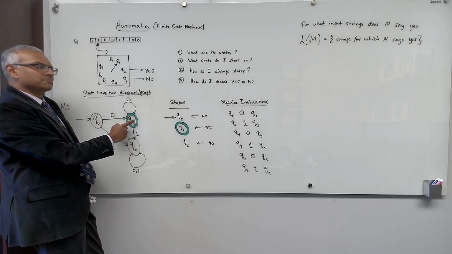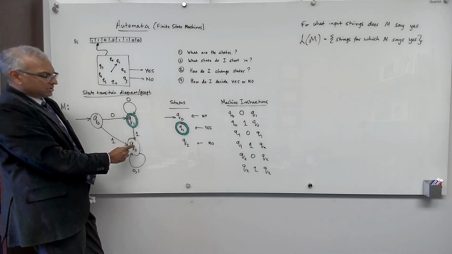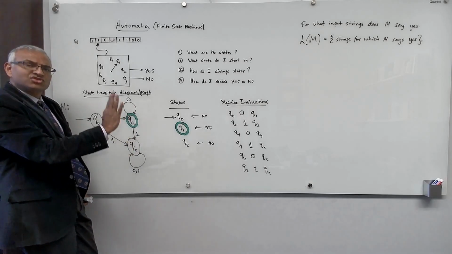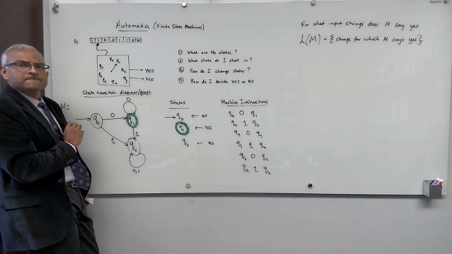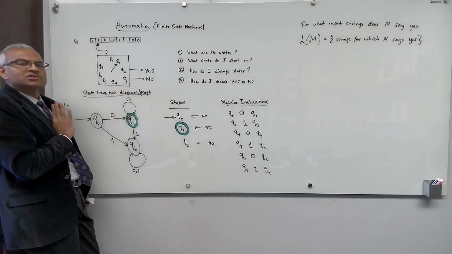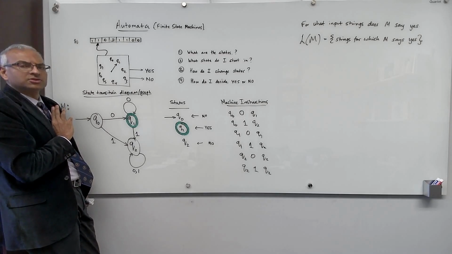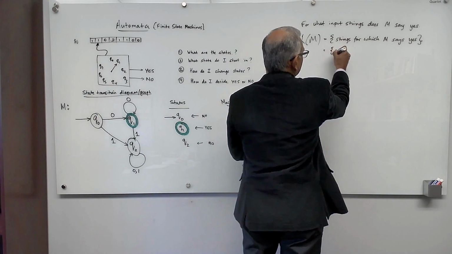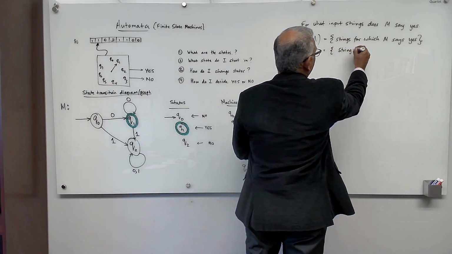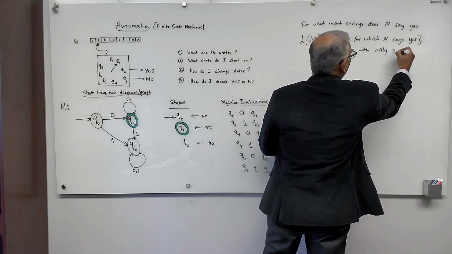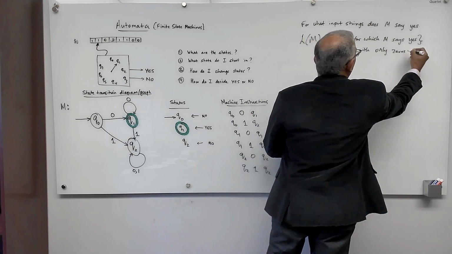If you get into the accept state but then ever see a 1, you will reject. So basically this machine is rejecting, or saying no to, any string that has a 1. And also it's rejecting the empty string. So it accepts all strings with only zeros and at least one zero. So the language of M in this case is strings with only zeros and at least 1.